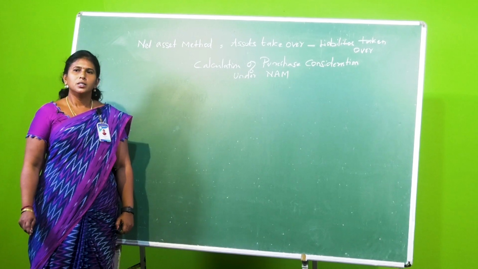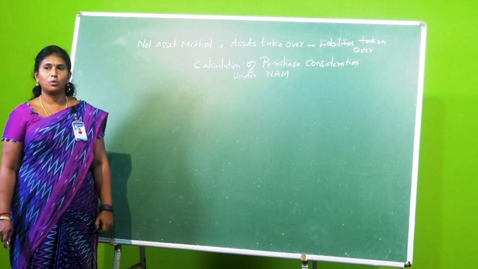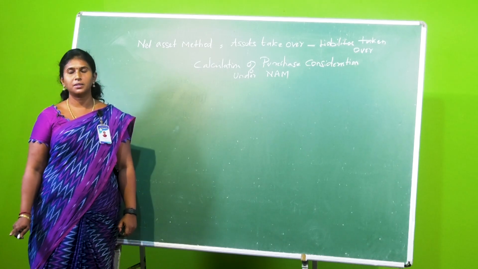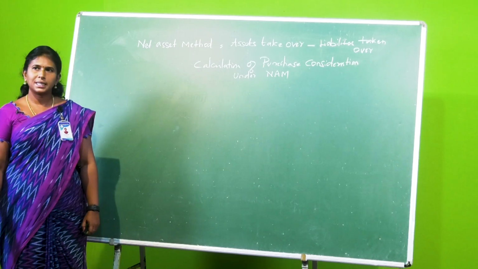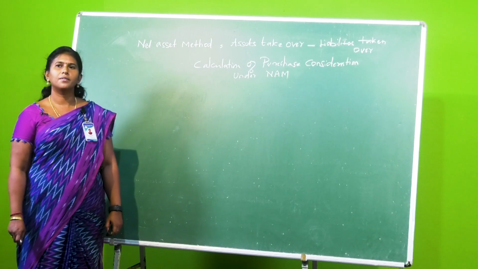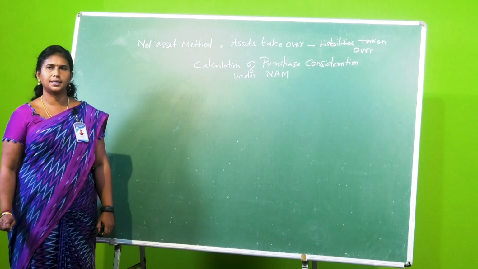Okay. So very clearly it is given in the problem, cash is not taken over and creditors to be satisfied at rupees 5,000. So based on this information, we are required to calculate purchase consideration under net asset method.